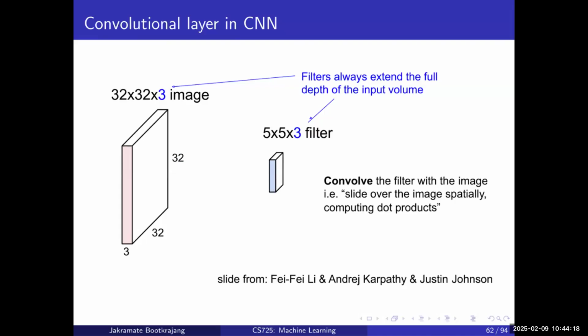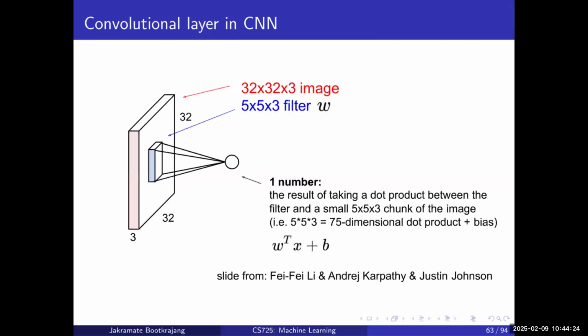So I talked about this, that the filter always extends to the full depth of the input volume. When we do one filter, let's say I have 5 by 5 by 3, basically you do the dot product at every position, and then you take the sum.